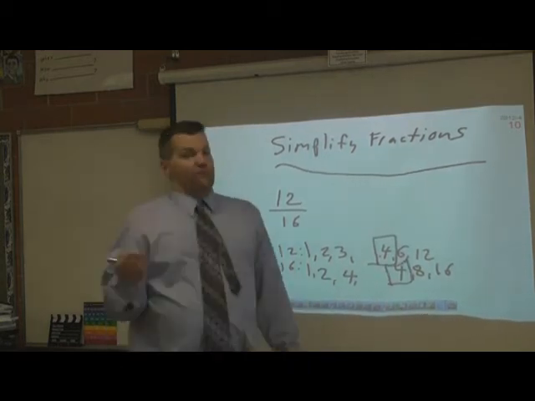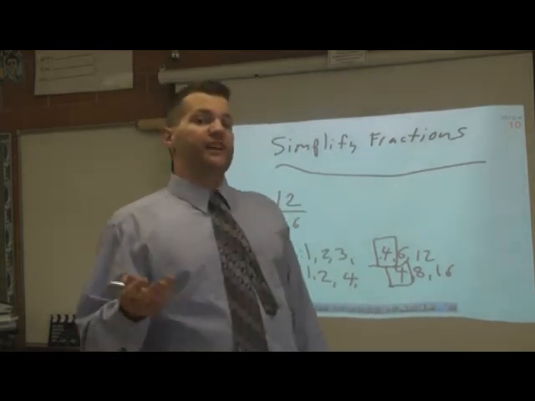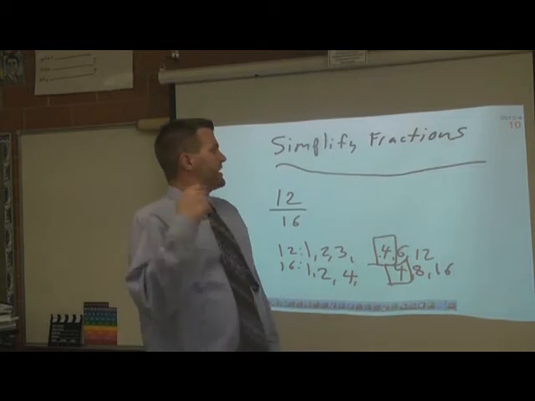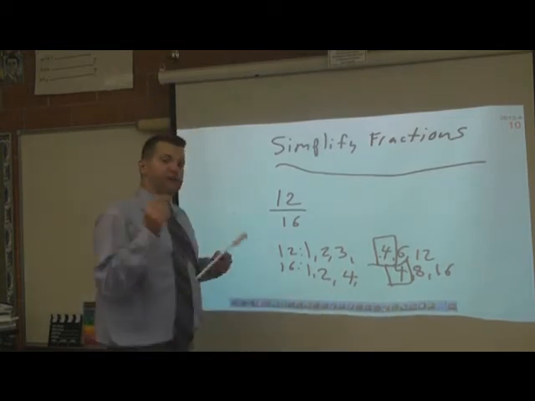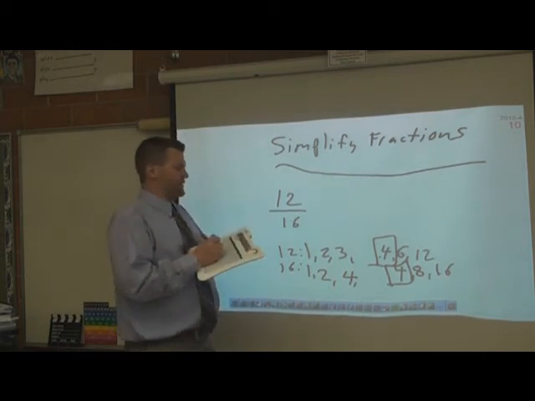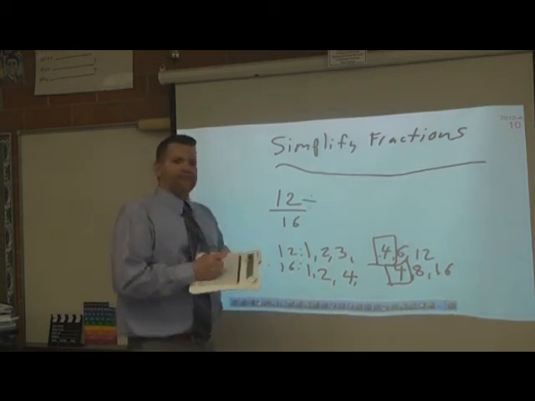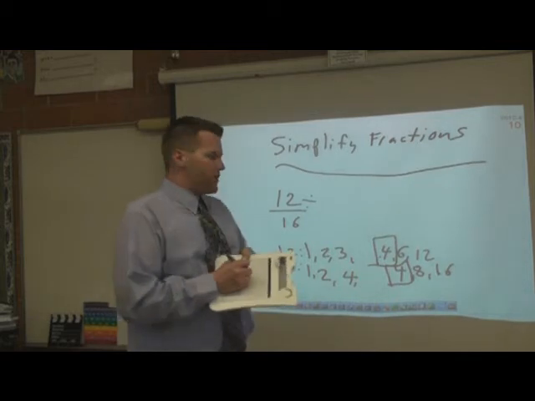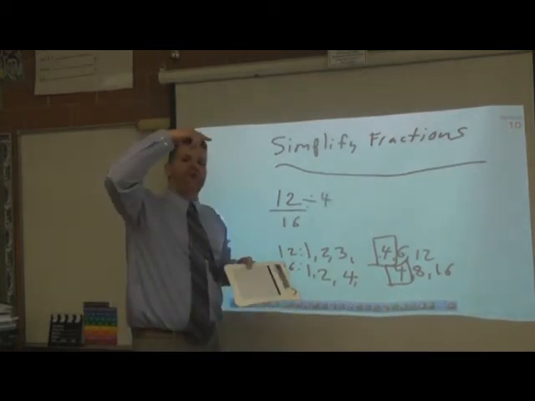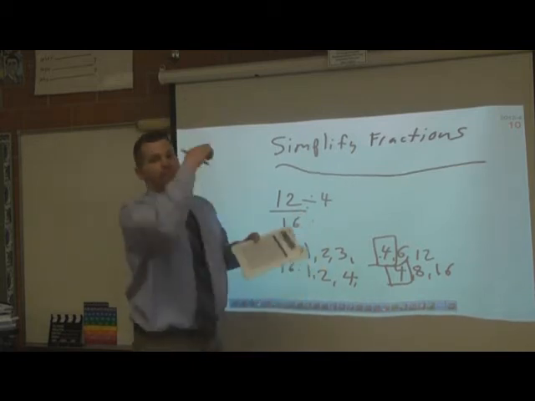And so, we're not done. We just used the process of finding the greatest common factor to help us with simplifying these fractions. Now what we do with that 4 that we found is we have to simplify with it. So we have to divide the top and bottom both by that 4. Whenever you divide the top by 4, you divide the bottom by 4.